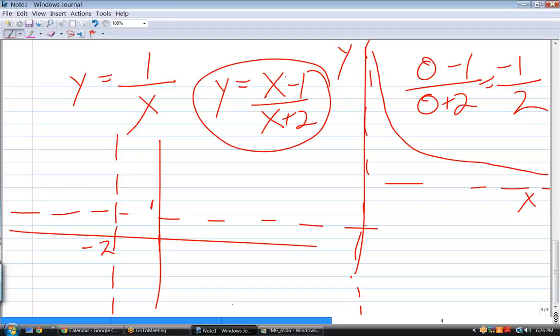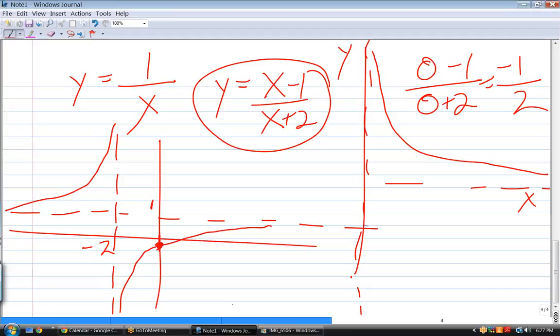Which means that if I go to my graph here and I substitute 0 for x, I can tell that my answer is right there. Well, that looks like second and fourth quadrants. In other words, I've just answered my question. Am I in first and third or second and fourth? I have to be in second and fourth.